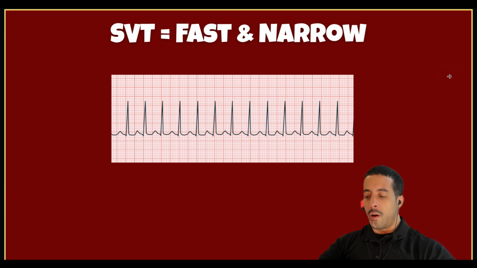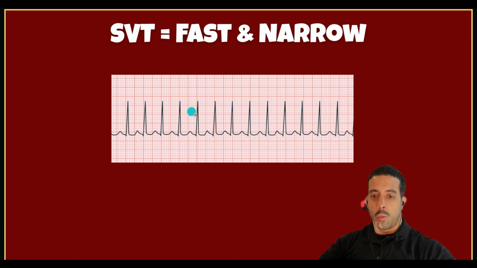Now, when we talk about SVT, what you can see here is that at a glance, this is already less than 2 large boxes. Once again, my eyes go straight to the amount of boxes in between the R and the R. And remember, SVTs are heart rhythms above 150.